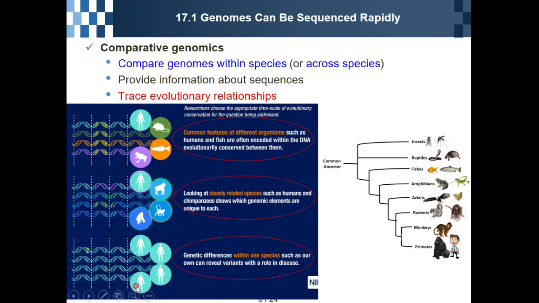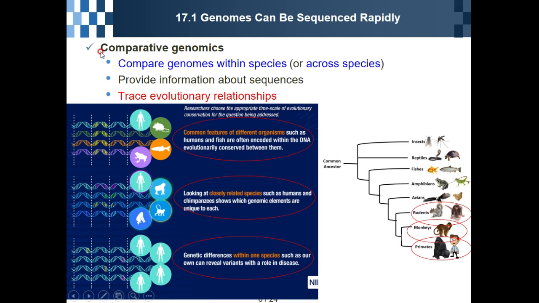Based on comparative genomic data, we can trace evolutionary relationships. Based on this data, we can say that humans belong to the primates, and primates are very close to monkeys, and monkeys are also close to rodents, and rodents are close to avians.